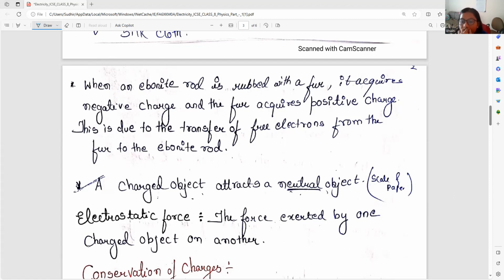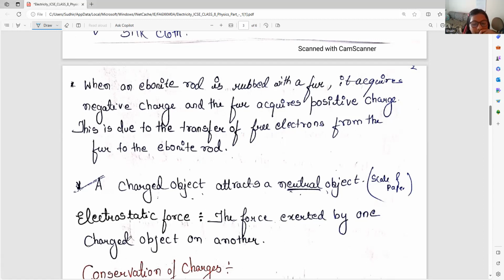When you rub it, it will lose negative charges, and positive charge will automatically increase. There are various examples of this ebonite rod.